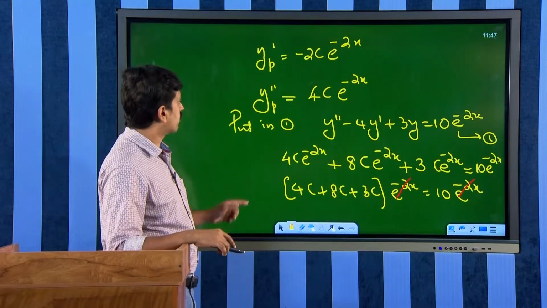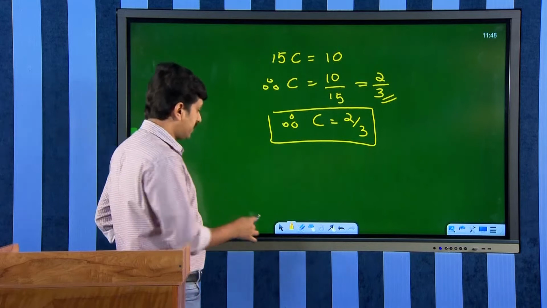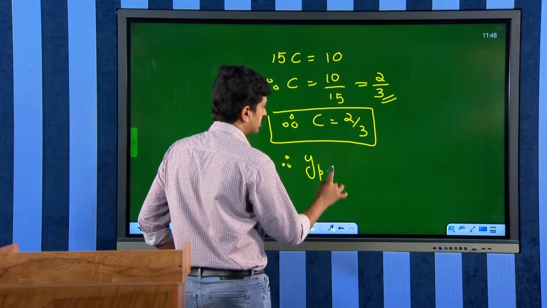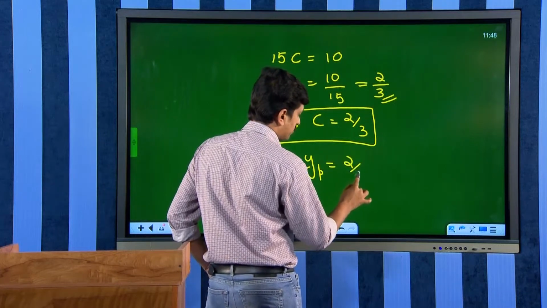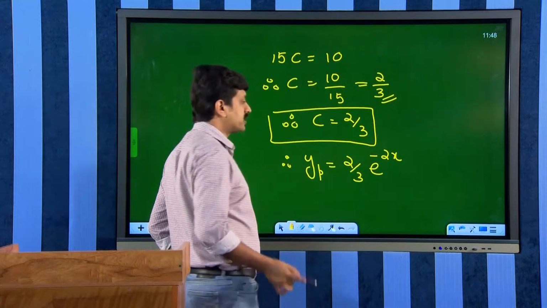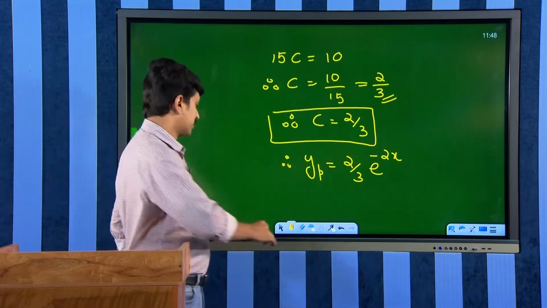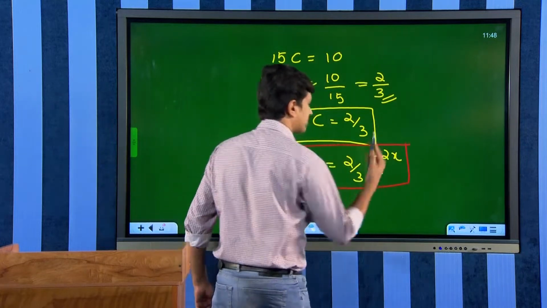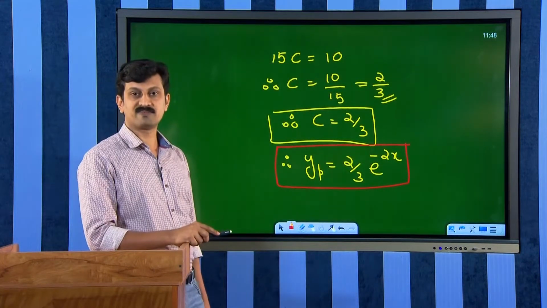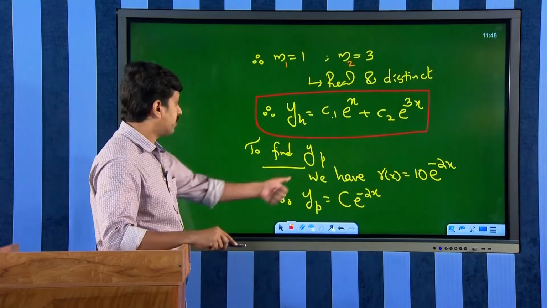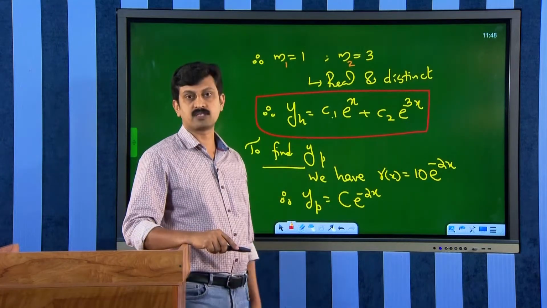So, therefore, yp is equal to c e raised to minus 2x, that is 2 by 3 e raised to minus 2x. This is actually our yp. Come back, we have yp as c e raised to minus 2x.